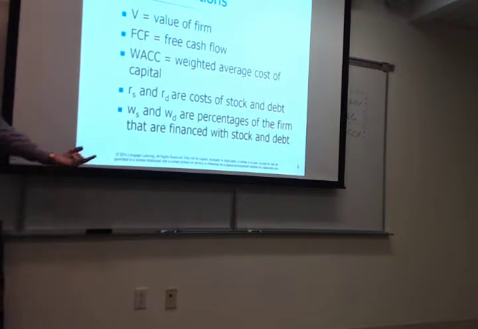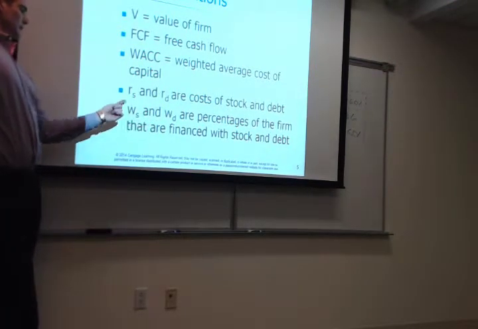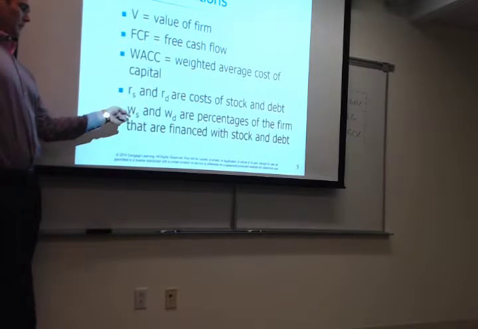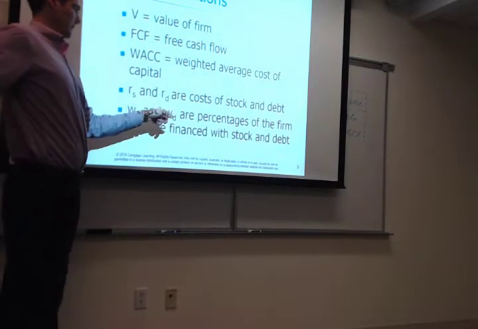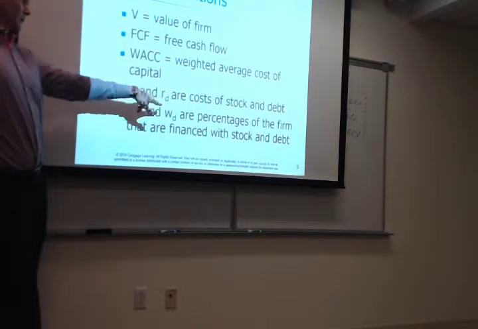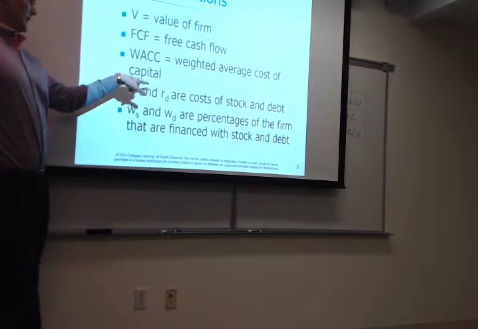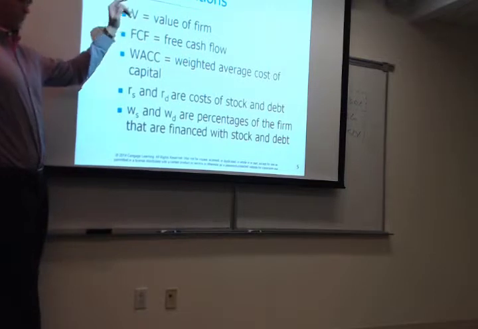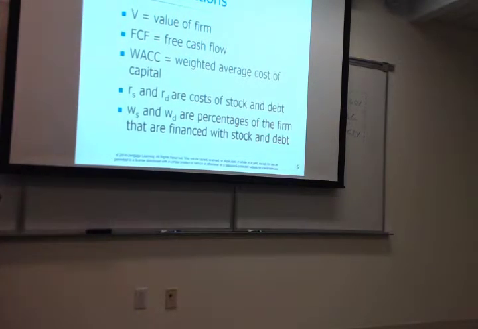So how we choose to structure our company, the amount of stock versus the amount of debt, is going to feed into how much each of these types of owners are going to charge us. That's going to change the weighted average cost of capital. That's going to change the value of the firm.